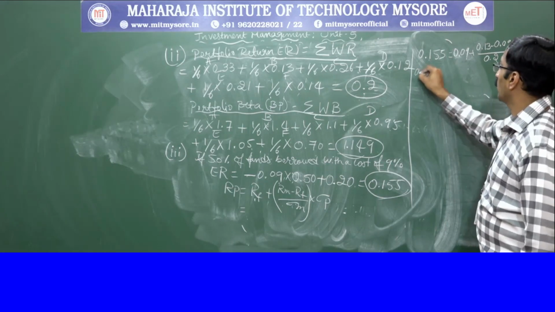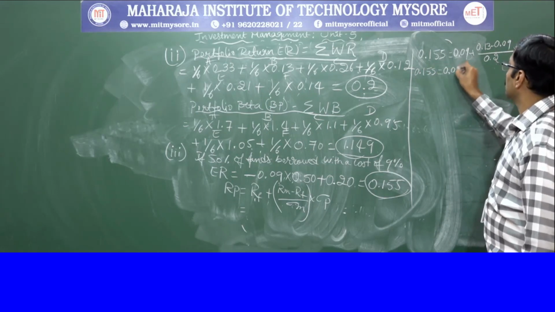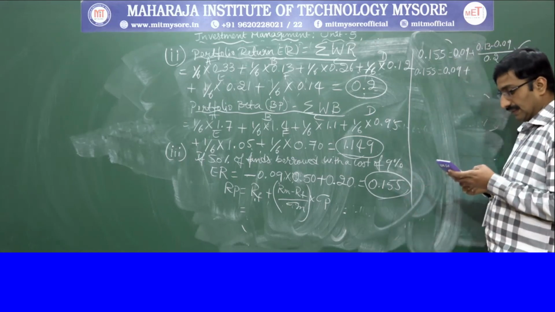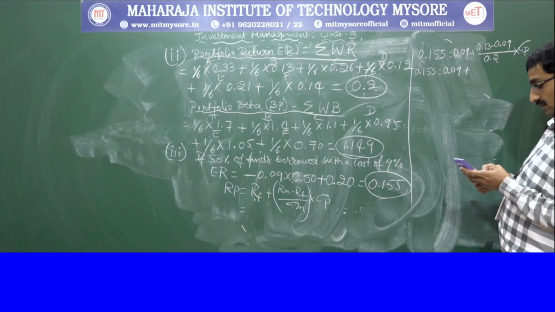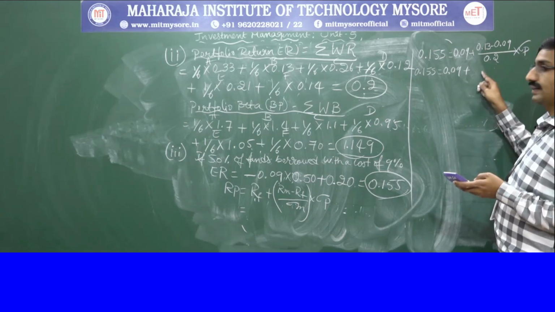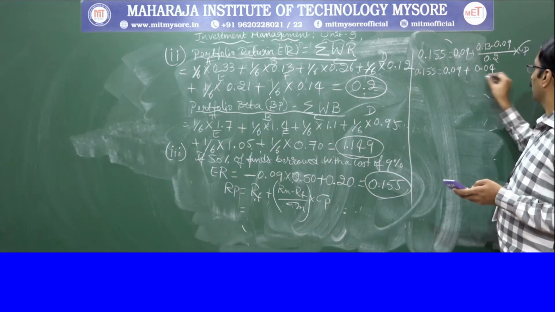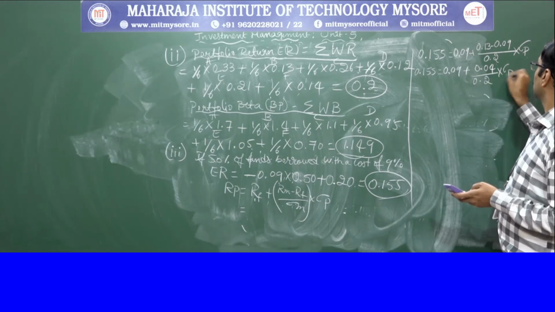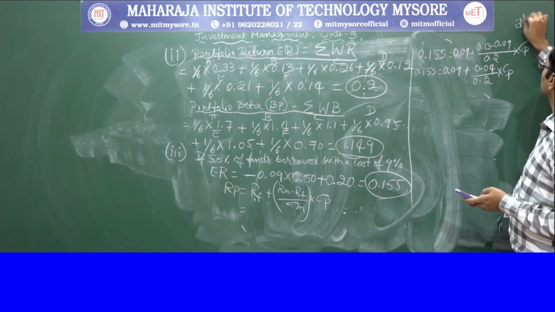So 0.155 is equal to 0.09 plus 0.13 minus 0.09, so you will get 0.04, divided by 0.2, into standard deviation P. This is called the estimated risk.